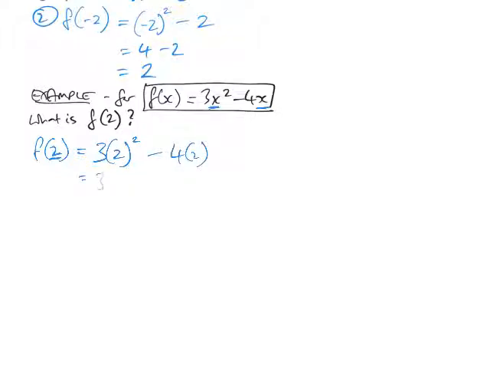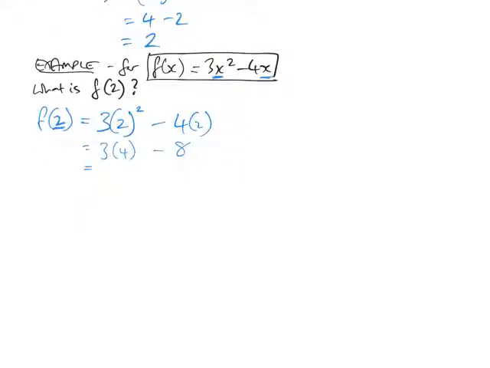Exponents first, so 3 times 2 squared is 3 times 4, take 4 times 2, 8. 3 times 4 is 12, take 8. 12 take 8 is going to be 4. So f of 2, when the function is to square the input, times that by 3, then take away 4 times whatever the input is, is going to be 4 in this case.